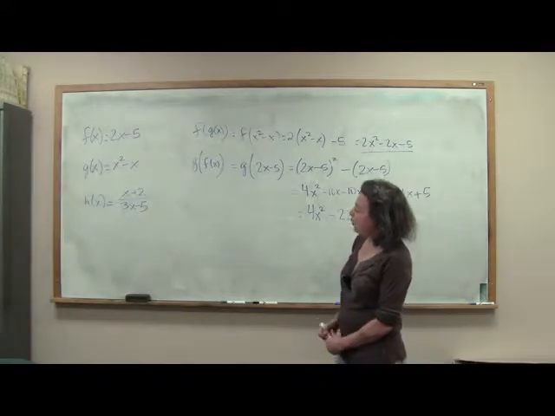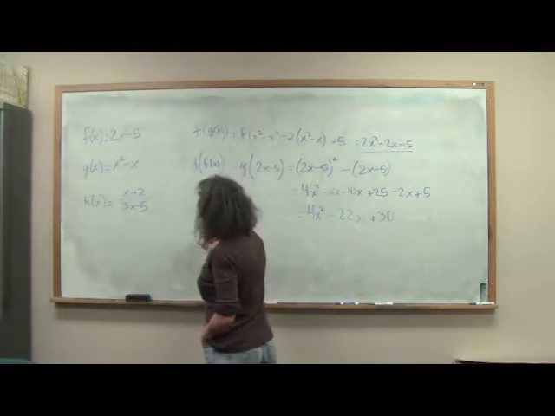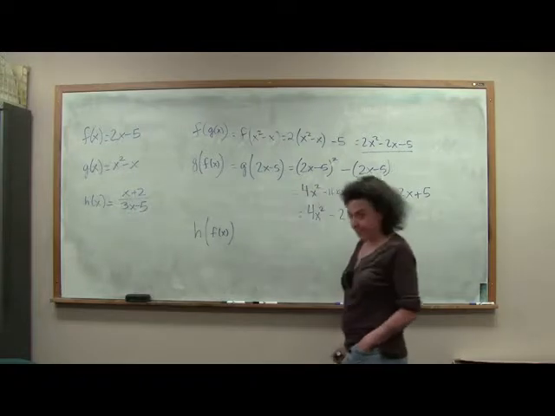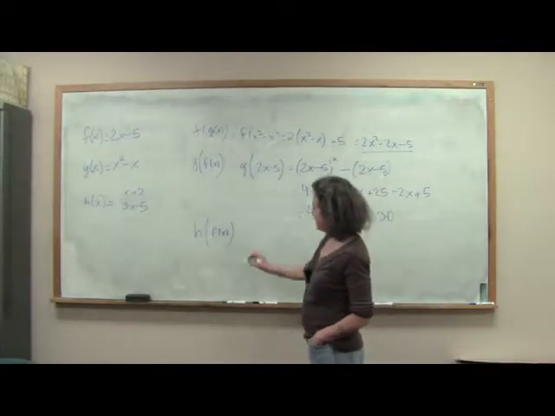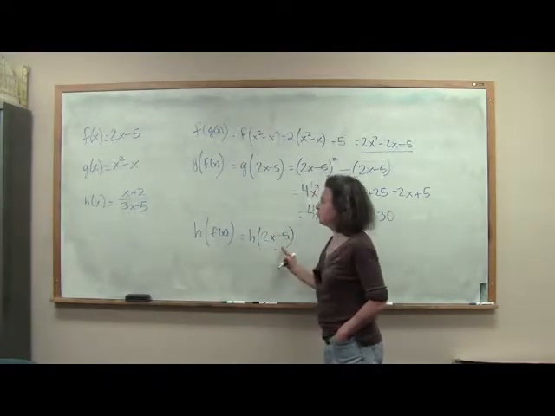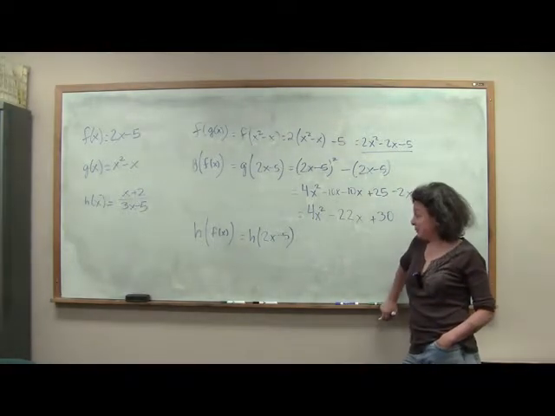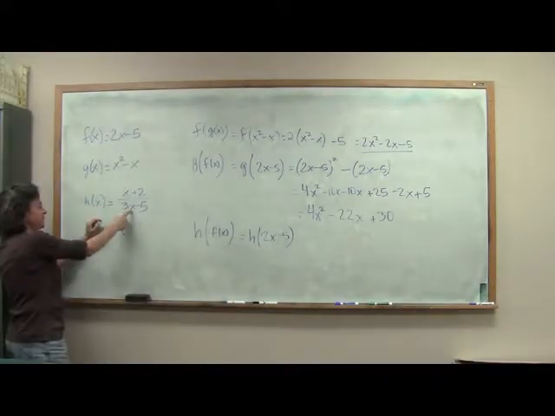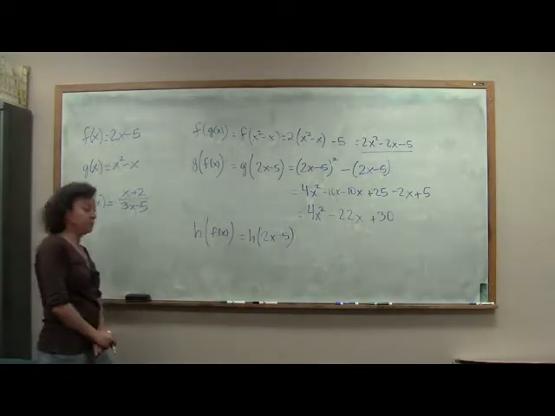All right, now let's compute h of f of x. What does it mean to compute h of f of x? Well, f of x here is 2x minus 5, so we're going to compute h of 2x minus 5. Everywhere we see an x in our function h, we're going to plug in 2x minus 5.